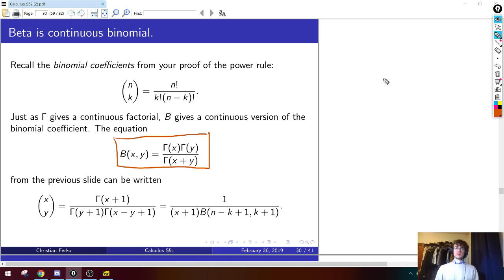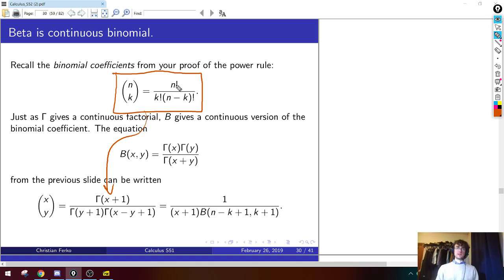If you just do a little bit of algebra to rearrange these, you take the discrete version up here of the binomial coefficients and replace all of the factorials with gammas. I'm just trying to go from the discrete version to the continuous version down here. So I'm replacing n factorial by gamma of x plus 1 and so forth. If you do that and then plug in for each of these gammas their expressions in terms of the betas, you get something which looks like this.